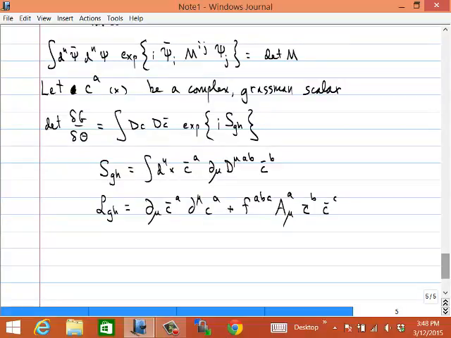And the sole purpose of this field is to compute this determinant for us.